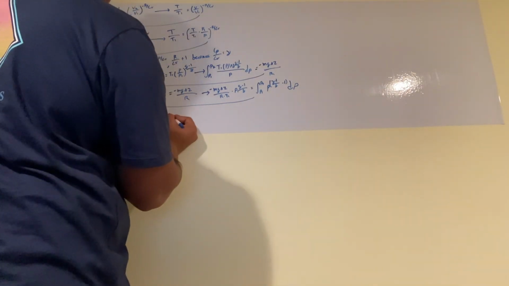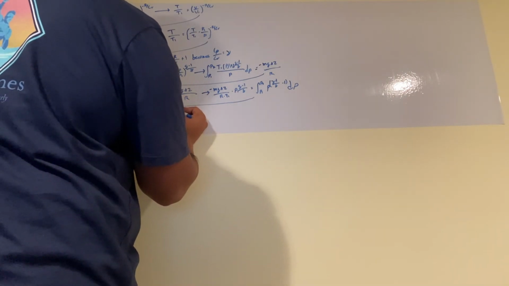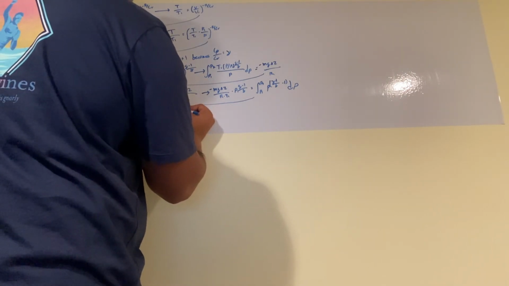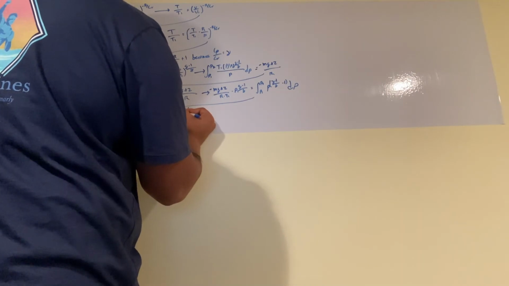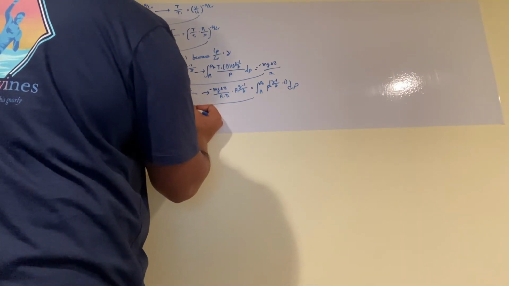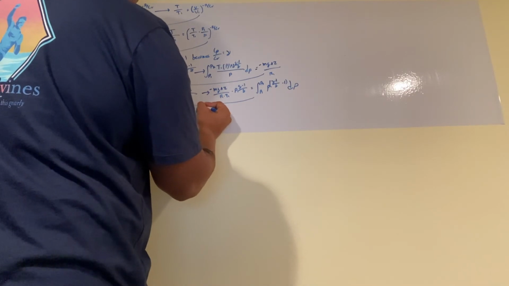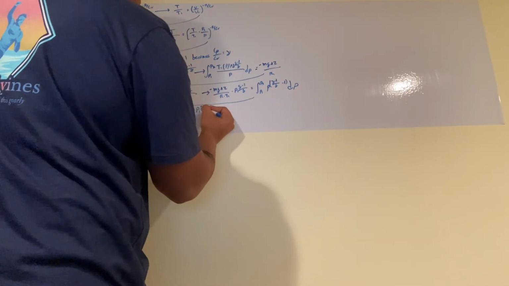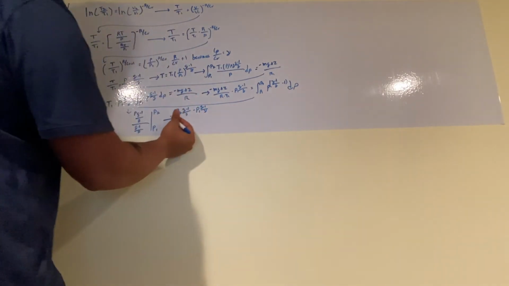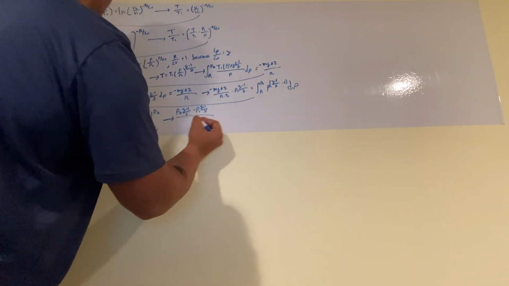And then that equals P2 raised to the gamma minus 1 over gamma minus P1 raised to the gamma minus 1 over gamma. I just ran out of space a little bit.